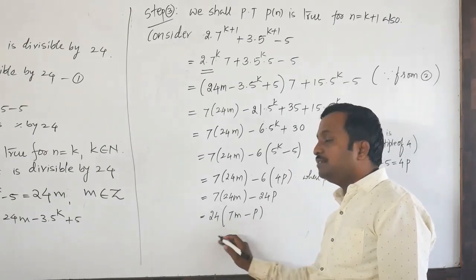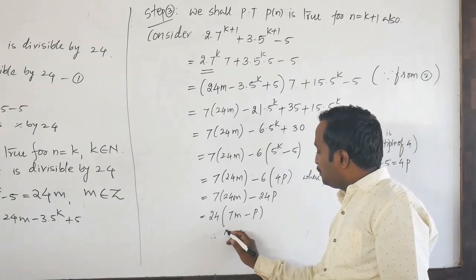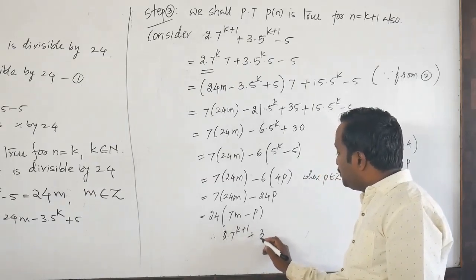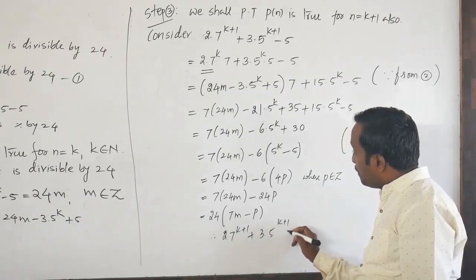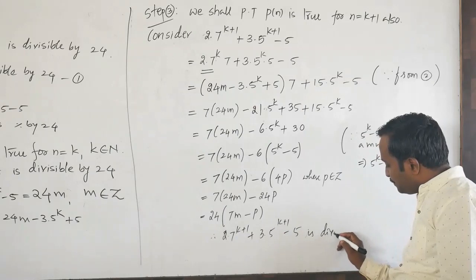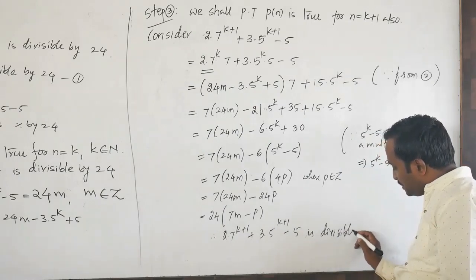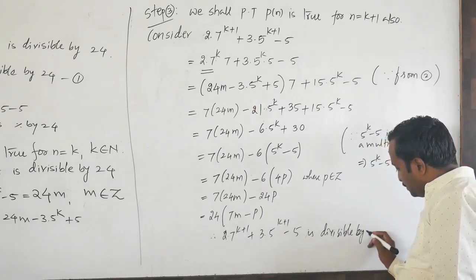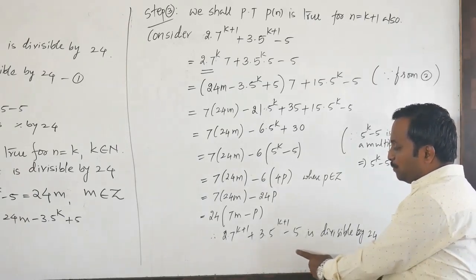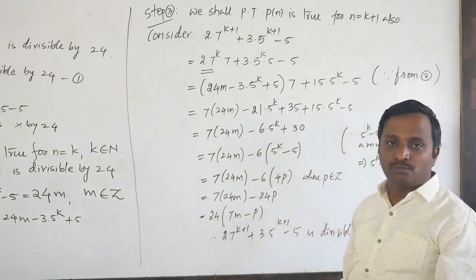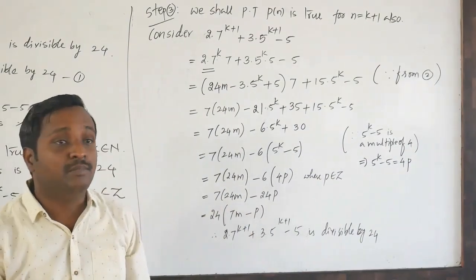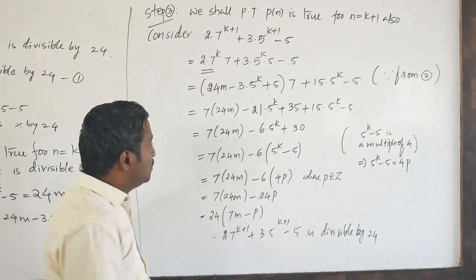Therefore 2 into 7 raised to k plus 1 plus 3 into 5 raised to k plus 1 minus 5 is divisible by 24. Therefore P of n is true for n equal to k plus 1 also. Hence the statement is true for all natural numbers.